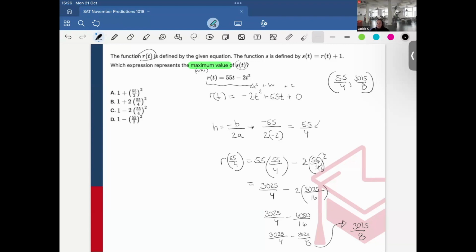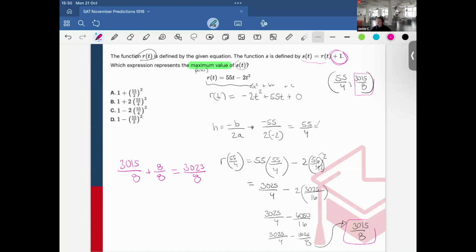Okay, and since I'm asked for r of t plus 1, this just means that it's going to be shifted up 1 unit. The y value is going to shift up 1 unit. So what I'm going to do now is just take this and add in the 1. So I do 3015 over 8 plus 1, which is the same as 8 over 8, which will be 3023 over 8. Okay.